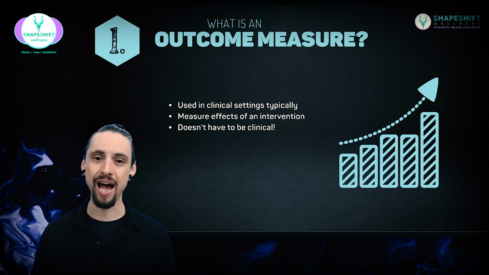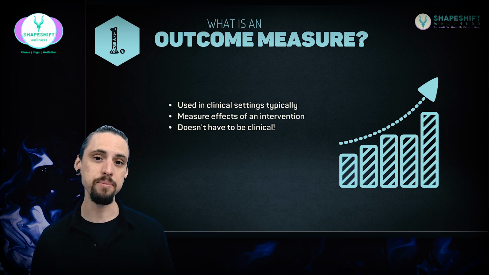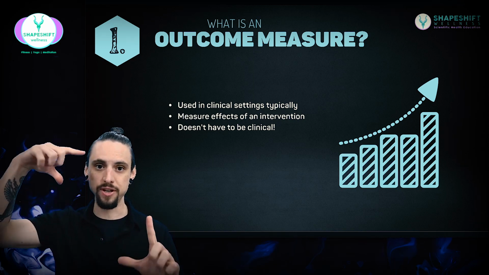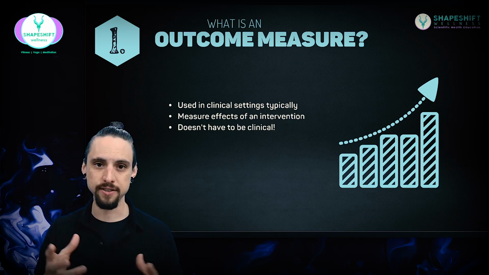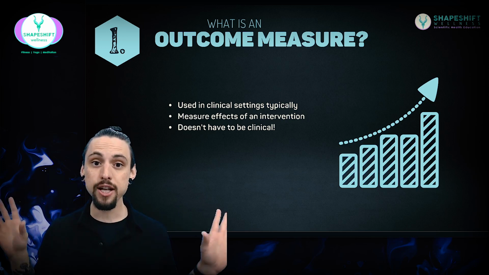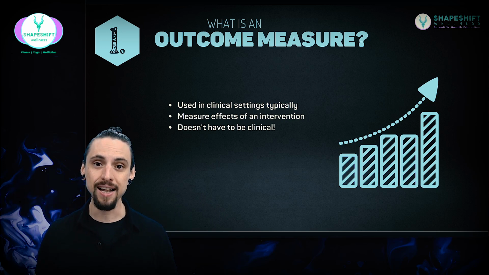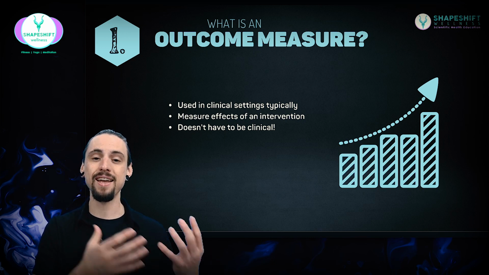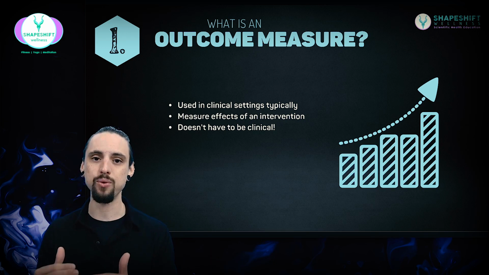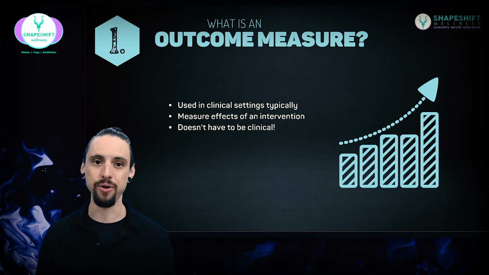These kinds of things are outcome measures, and we can measure them with standard questionnaires and devices. You're not going to use those if you're a yoga teacher, but there are some really standard outcome measures that we use in the clinical world that can be used in the training world as well, and we'll get to those in a moment.